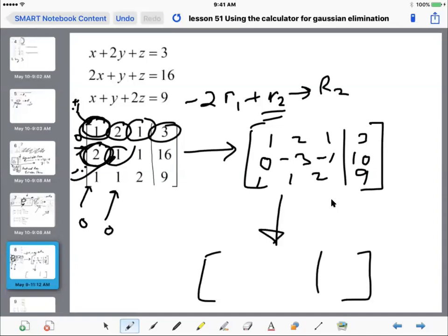Step 3 is to turn this 1 into a 0. Can someone type in a 1-line row operation that will turn that 1 into a 0 while leaving everything else the same?